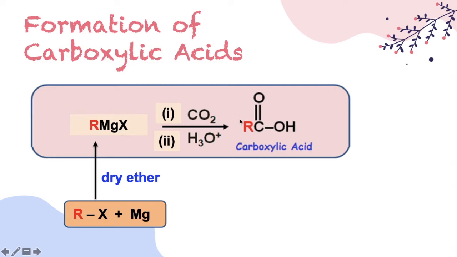So the product is carboxylic acid, with C double bond O. This C double bond O will be the carbon which has the hydroxyl group. It must be this carbon, and the R group will attach to this C double bond O carbon.